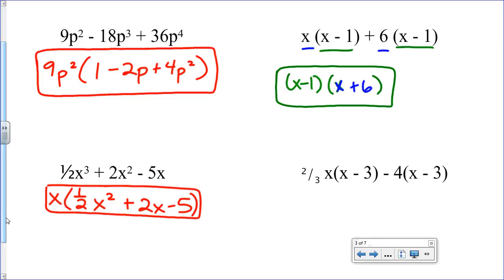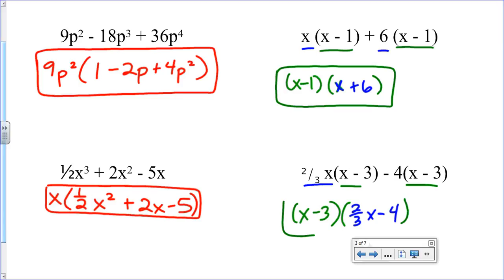Okay, what's the GCF that I take out? X minus 3. So what am I left with then? 2/3 x minus 4. Good. Okay, questions about that?